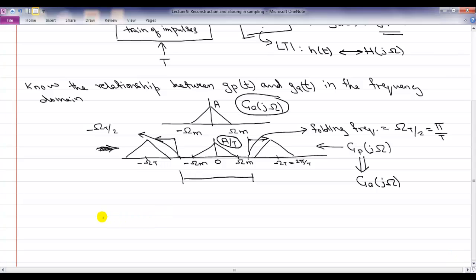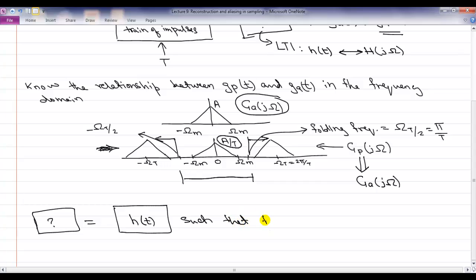So the black box that you want to use is an LTI system such that its frequency response, H of j omega, looks like the following.